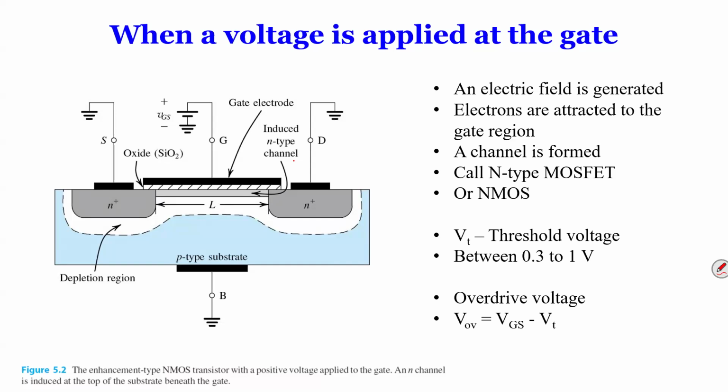Why? Because this is a channel, and electrons go from here to here. It takes some time, so that's called channel length. If you look at it in this direction, it will be this big, right? So this is called width. And you can imagine that the resistance of this channel is proportional to what?